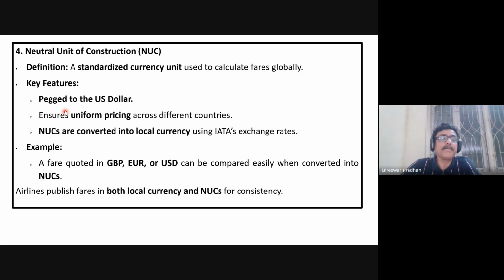Key feature: pegged to the US dollar and ensures uniform prices across different countries. NUC is converted into local currency using the IATA exchange rate. For example, a fare quoted in GBP, EUR, and USD can be compared easily when converted into NUCs. Airlines publish fares in both local currency and NUC for consistency.